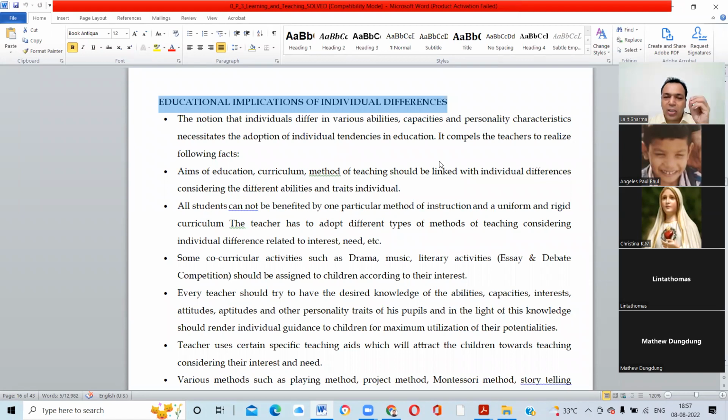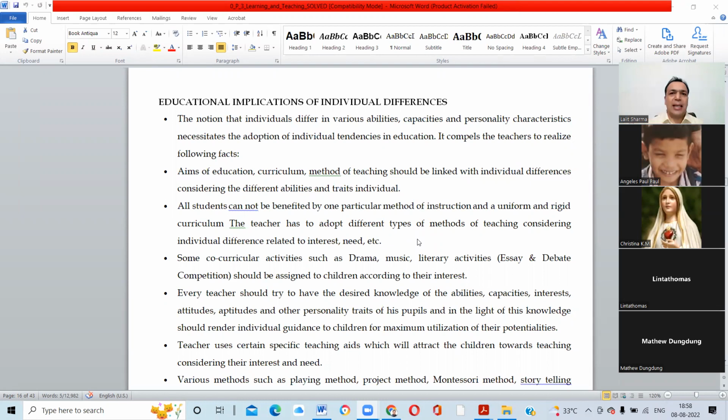They should not use one method of teaching the same for all, because a class is a collection of many students who are average, who are below average, and who are intelligent. In class, some are intelligent, some are average, some are below average, but there is individual difference.